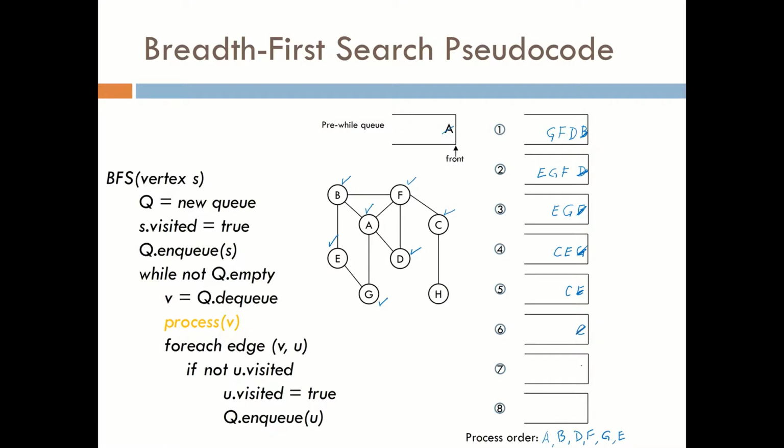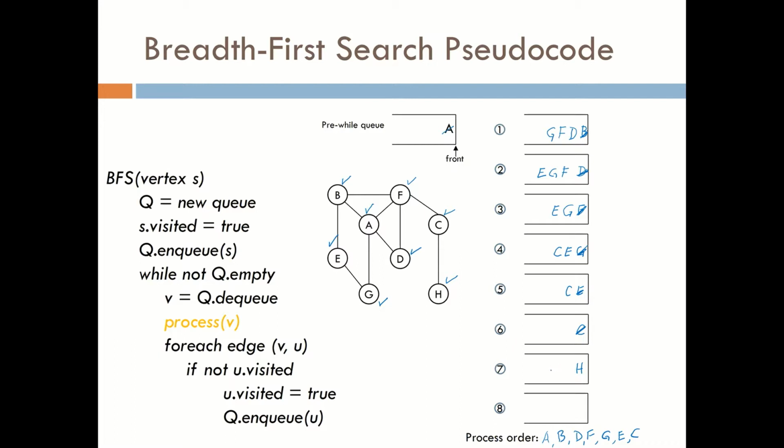So I now have an empty queue, and I need to process C, and then look at all vertices that are incident to C. Well, that's just F and H. F has been visited, but H has not, so we mark H as visited, and we add it to the queue.